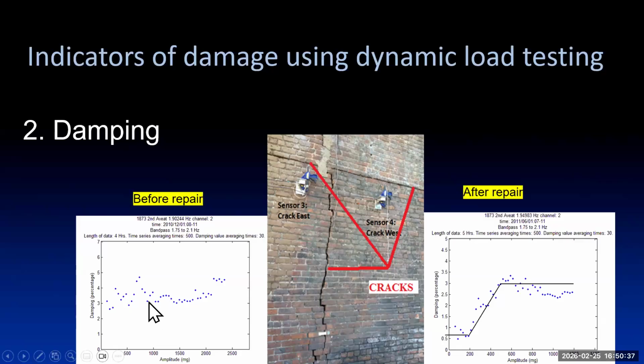Now, that on the left-hand side is before a repair. On the right-hand side is after that big crack was repaired. Also, there's a horizontal crack between two layers of the building. That was repaired. And in fact, using the same technique, we found damping in a three-part curve. The lowest part of that is correlated with the natural frequency. The rate of increase of that is correlated with the amount of mass which is participating in the structure.